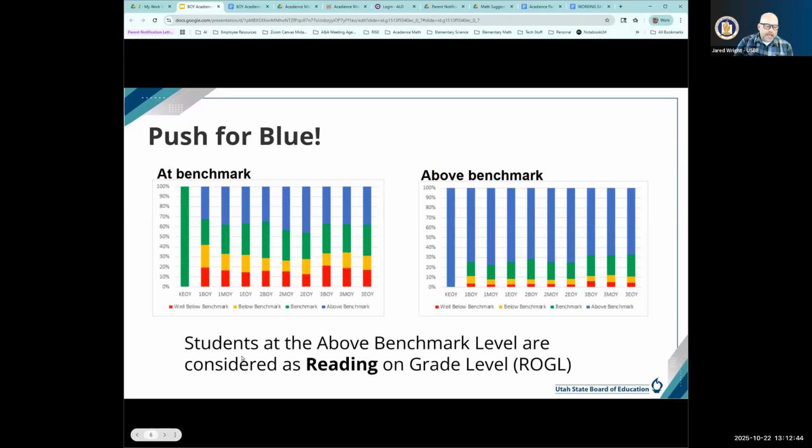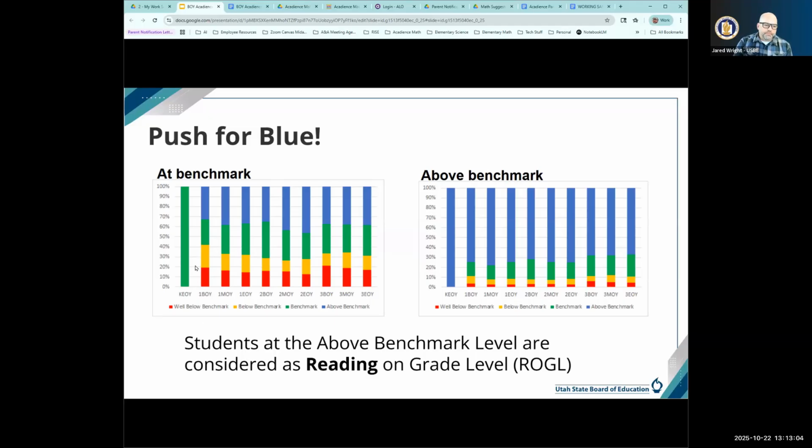So as we look at students, we're really wanting to push students to be above benchmark so that they can have a higher likelihood of success.